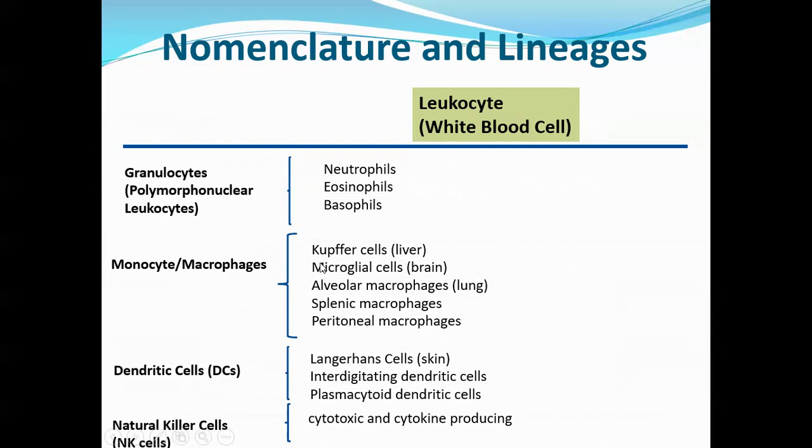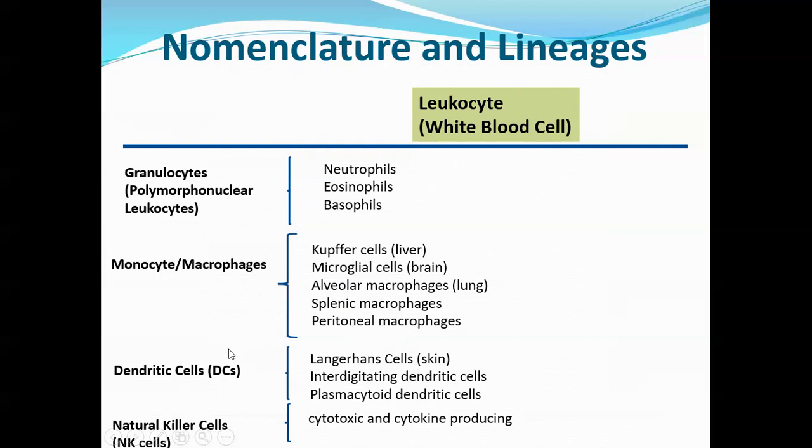And there they're given different names. Within the liver, you have macrophages called Kupffer cells. Within the brain, you have a lineage of macrophages which are important for the maintenance of health in the brain, and these are the microglial cells. In the lungs, we have alveolar macrophages. Within the spleen, the splenic macrophages, and in the gut, peritoneal macrophages.